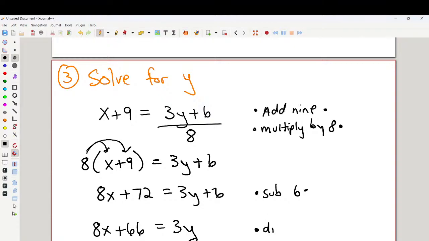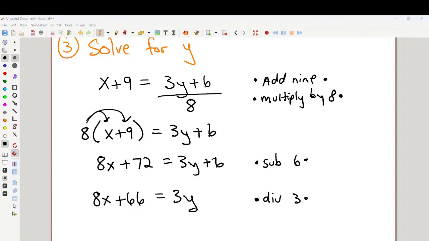And finally, divide by 3. That's the algebra steps.